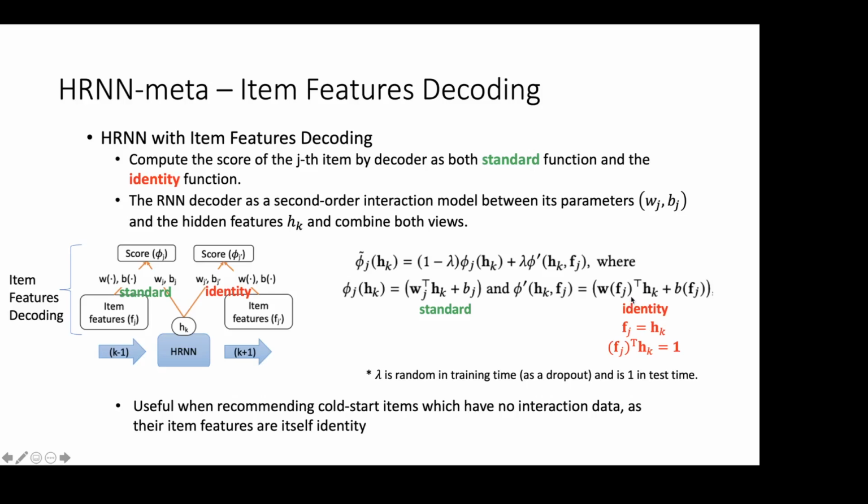But I think the FJ here is basically the same as the HK, and they are probably something like, when they are multiplied, it'll always be 1. I'm not so sure about this, but I think it is something like explicit supervision, yeah. And they say it is very useful for cold start scenarios.